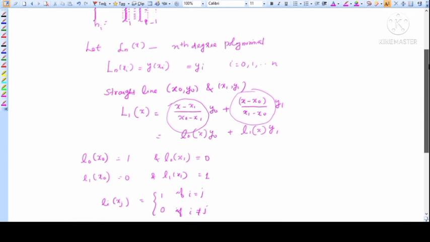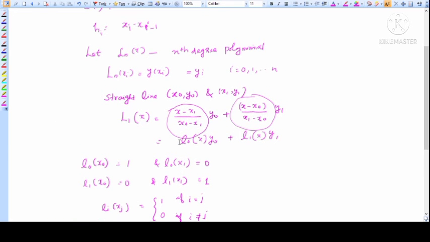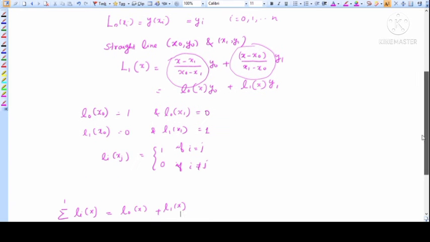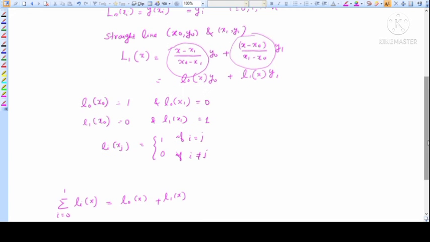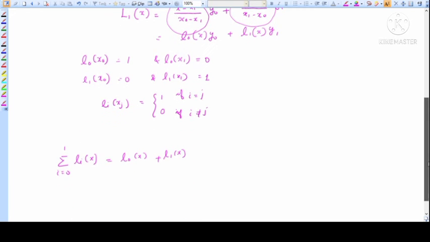Looking at this equation, L1 of x is equal to L0 of x y0 plus L1 of x y1. And we can write what is the sum of Li of x.